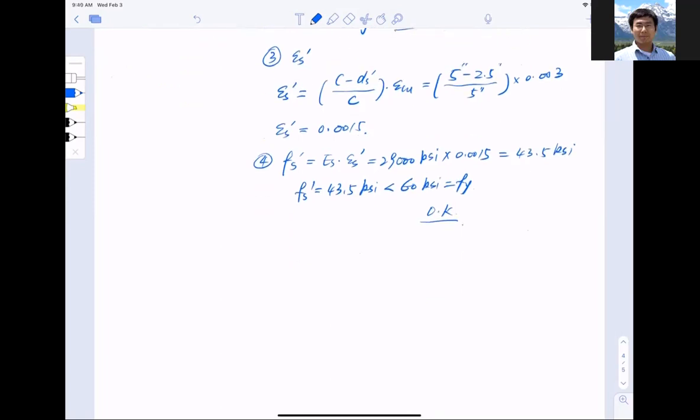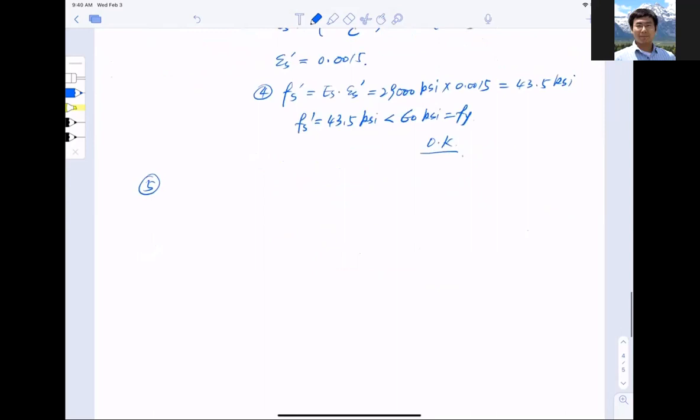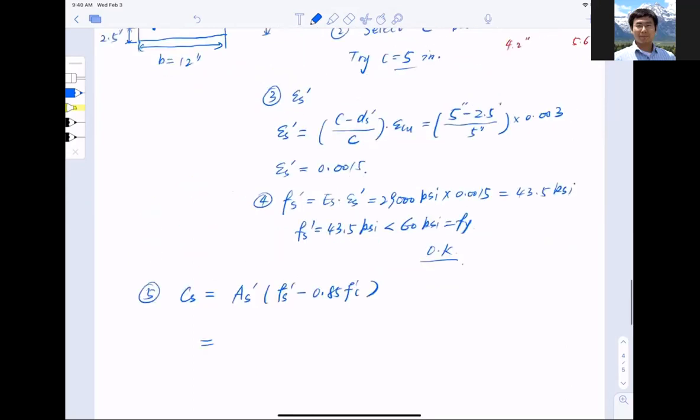Now with that, let me just move a little bit towards the left, because I have a lot of things underneath it. Sorry about this misalignment, but Cs, the compressive reinforcement, gave me the compression force of As prime times Fs prime minus 0.85 f prime c. Now As prime, what is the area? I'll count the bars.